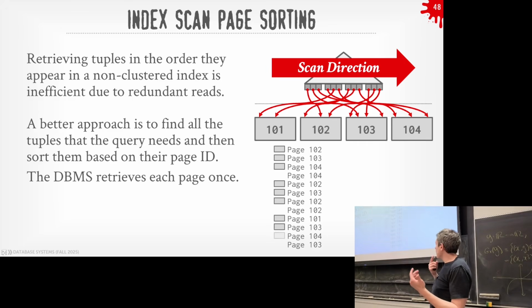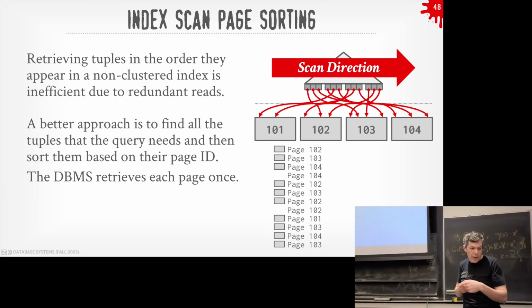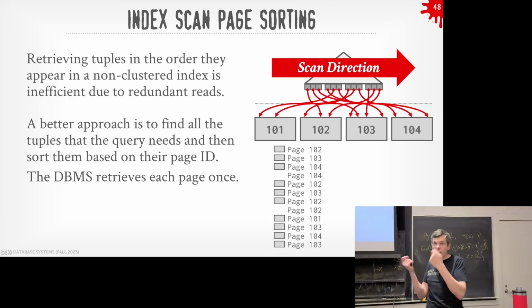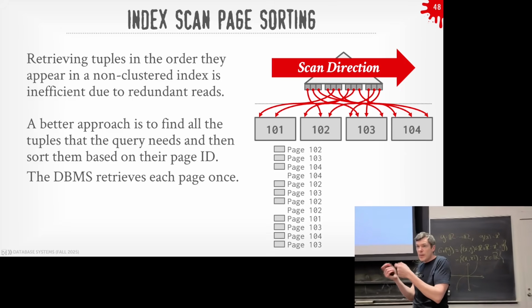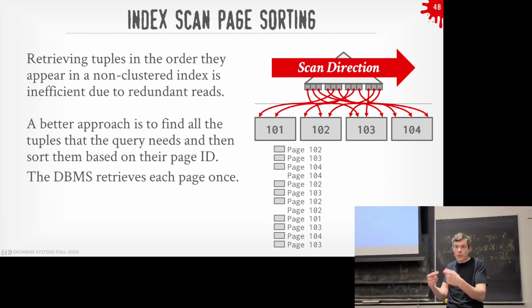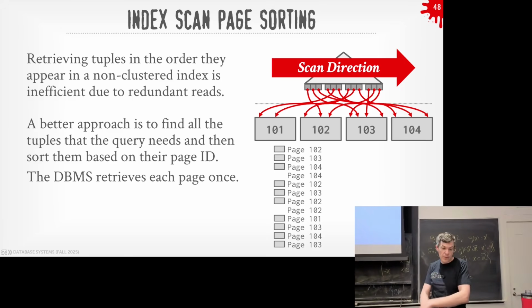If you think of a really stupid system that only had one frame in our buffer pool, I would read page 102, throw that away, then read page 103, throw that away, and then read page 104. Here I have two keys that are both in page 104. I can read that page and use it twice, right?